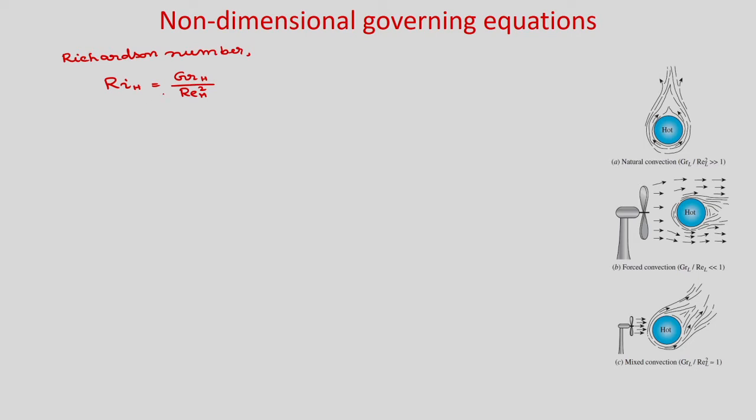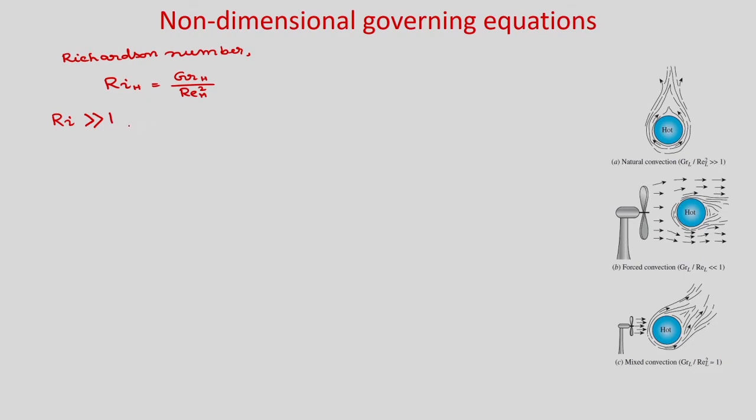If Richardson number is much greater than 1, so what will happen? Okay, much greater than 1. So, now you can see that Richardson number is much greater than 1, that means Grashof number will be much greater than Reynolds number square. So, what does it mean? It means that buoyancy force will dominate.